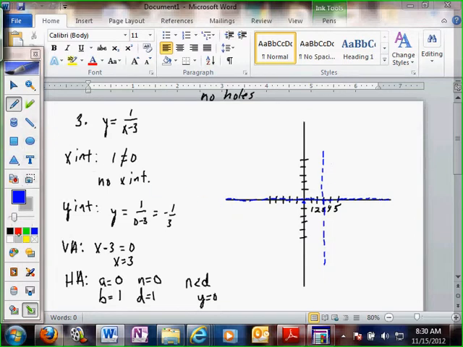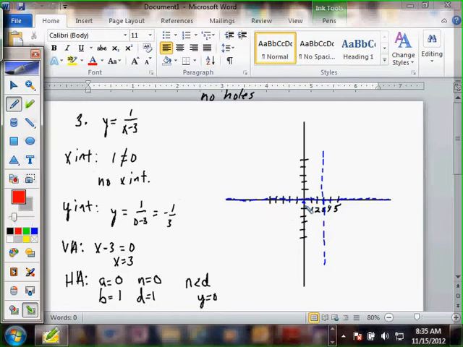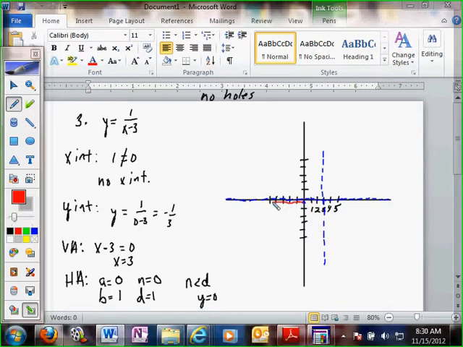So in this case, since I only really have one point, and it's down here underneath the horizontal asymptote and to the left of the vertical asymptote, I'm going to say that this function is probably going to come out here and go to negative infinity, hugging that horizontal asymptote, and it's going to come this way and veer downward because it's never going to touch the vertical asymptote and go that way. And because I have this piece down here, I'm probably going to have this piece up here.